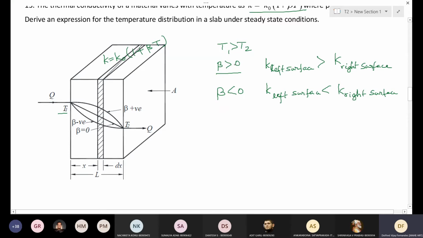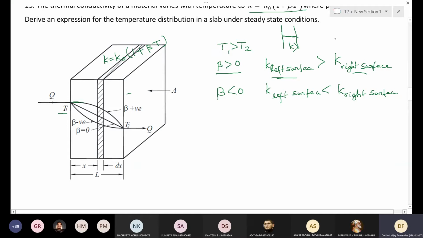Now, when beta is greater than 0, what will happen? How does the profile change? The left surface thermal conductivity is more compared to the right surface. That means you can see that the slope is less here. This was discussed in the first class itself, I think. If you have a wall and the temperature profile is almost horizontal, that means the thermal conductivity is large.